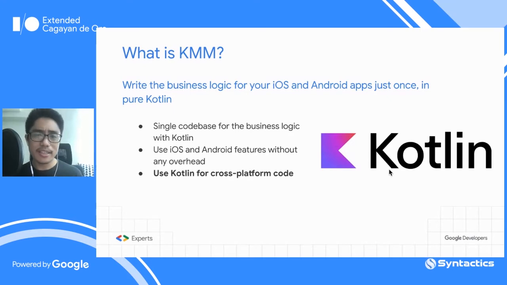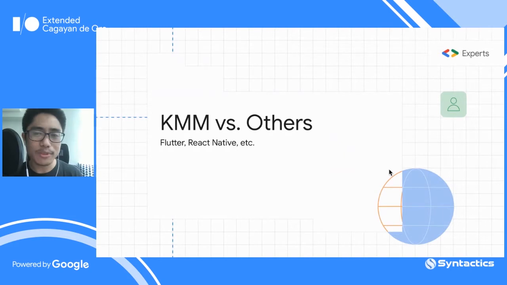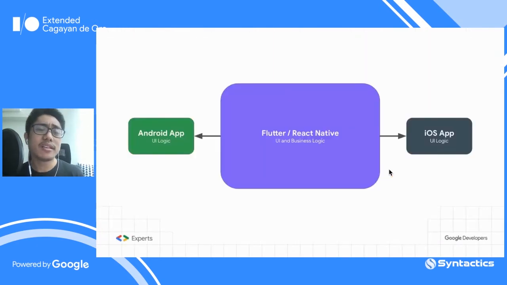Essentially, this is another cross-platform tool, and we already have a lot of them. So why should we choose Kotlin Multiplatform over others like Flutter and React Native? The way I understand it, if you code in those platforms, you're really going to write everything once.